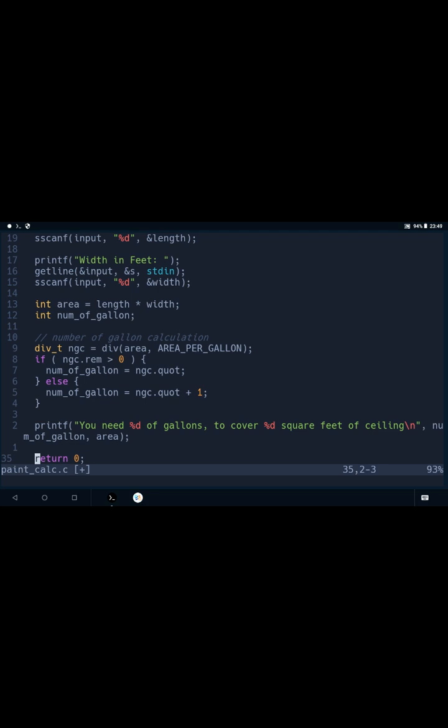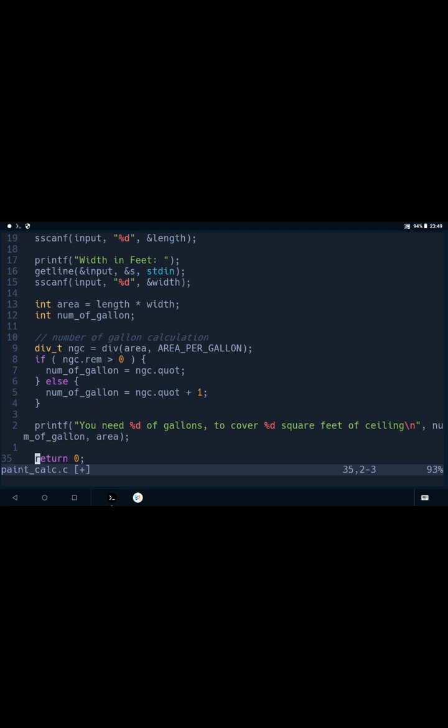Now, div_t is a structure type, so it has elements. It only has two elements, the rem and the quot. The rem is just the remainder. So if the remainder of the division is anything greater than 0, we approximate our number of gallons to the next whole number.